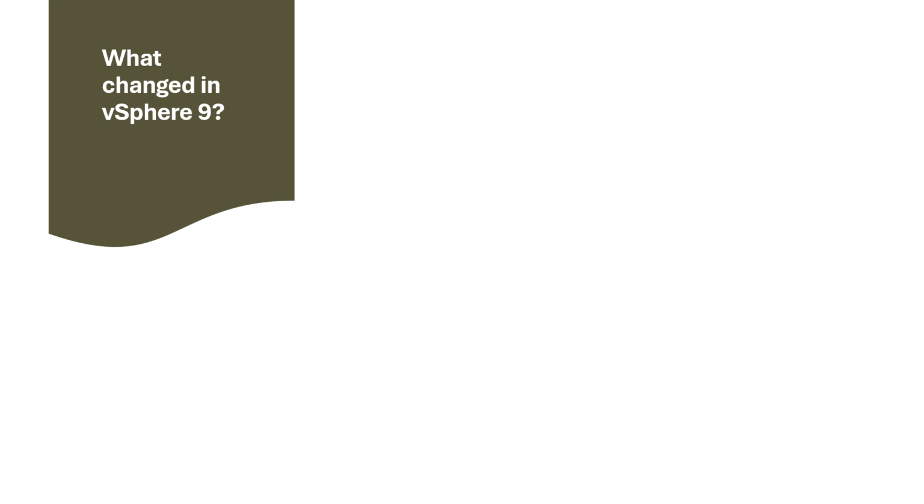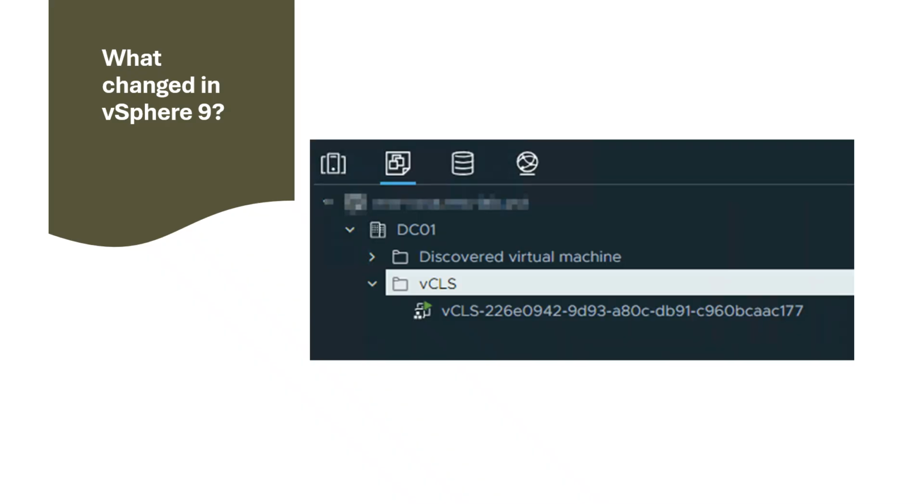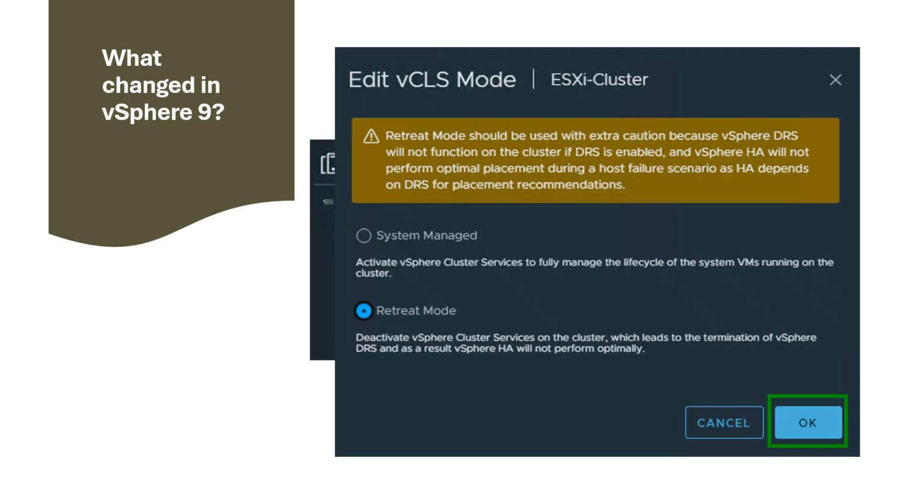DRS and HA logic are now native. They do not depend on helper VMs like vCLS. VMware recommends placing vCLS in retreat mode in 9. This is the option you can select, and then you can ignore the vCLS VMs running in your production environment.